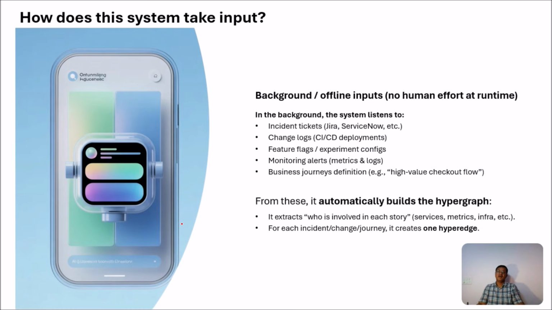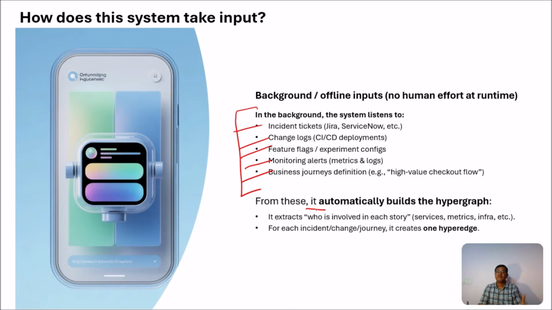Now you will have to face another question: from where will you collect the data? There are a lot of areas from which you have to collect data, like incident tickets, change logs, feature flags, monitoring alerts, business journeys, and from these our system will use a specified set of prompts.